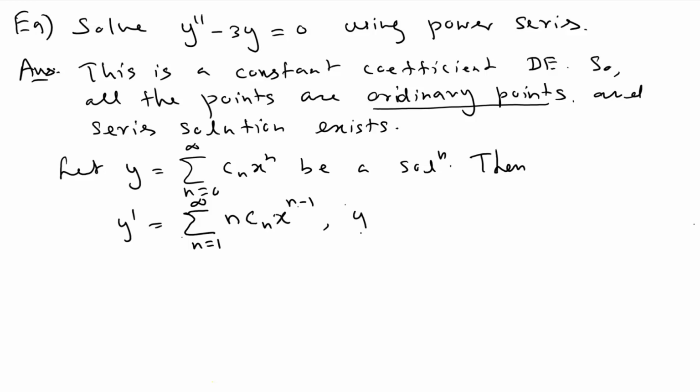And then y double prime is the sum starting with n equal 2 to infinity n(n minus 1) cₙ xⁿ⁻².